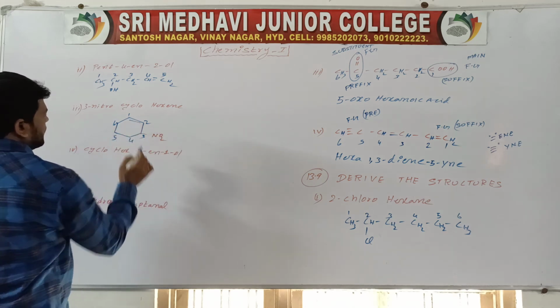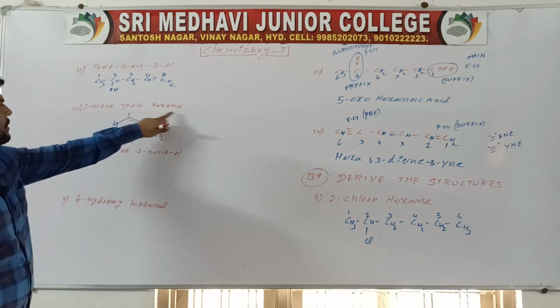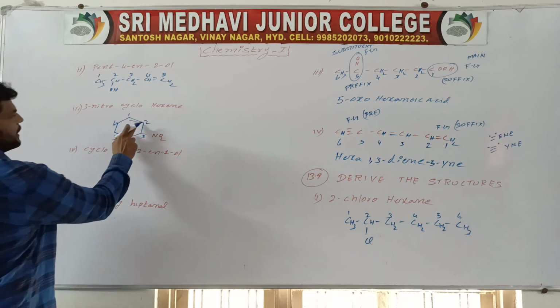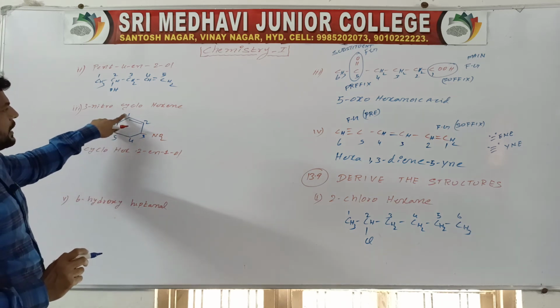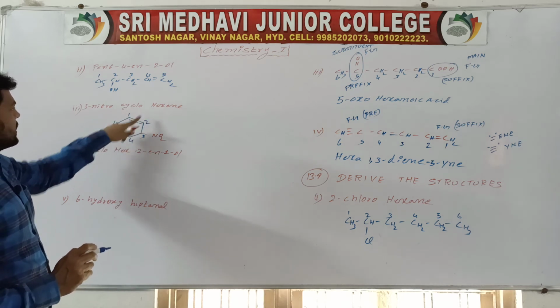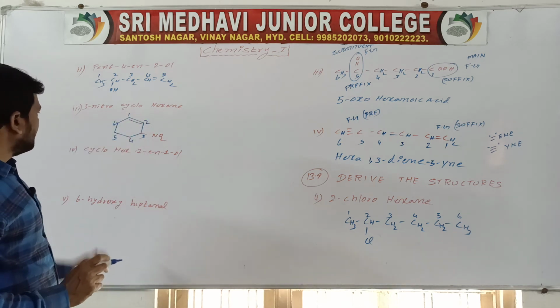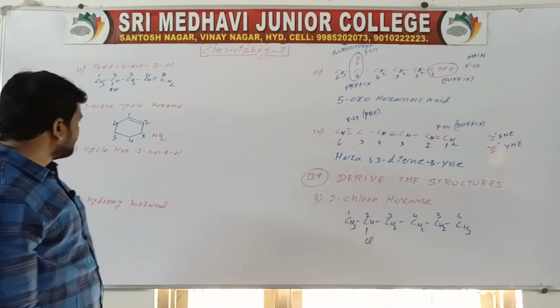Cyclohexene means first carbon has the double bond. So 1 2 3, we may write 3-nitrocyclohexene like this. The double bond containing carbon must get the least number. Okay, then fourth one, cyclohex-2-en-1-ol.